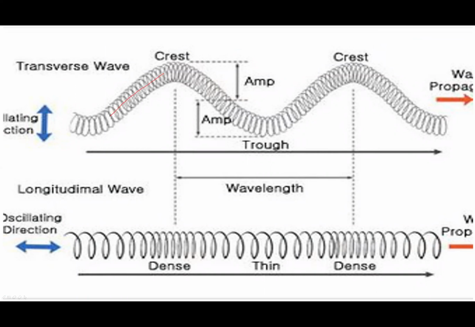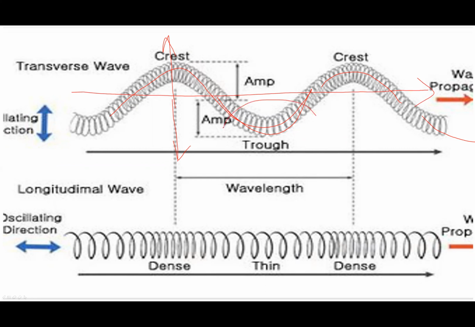This region is called crest, and this region is called trough. This is the crest, and this is the starting of the trough. So it vibrates up and down, and the disturbance is transferred in this direction, so it is called a transverse wave.